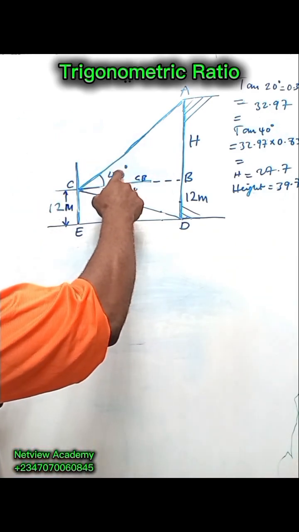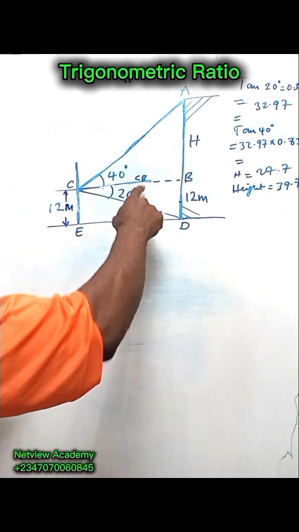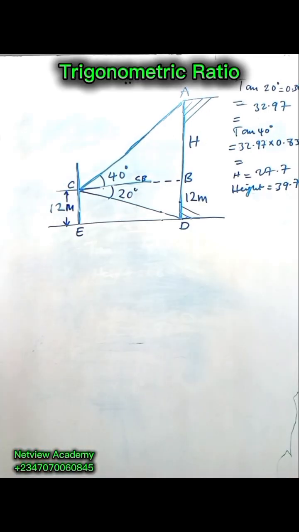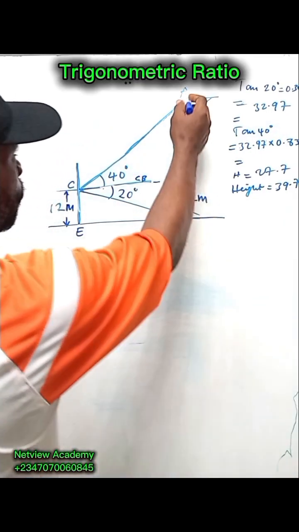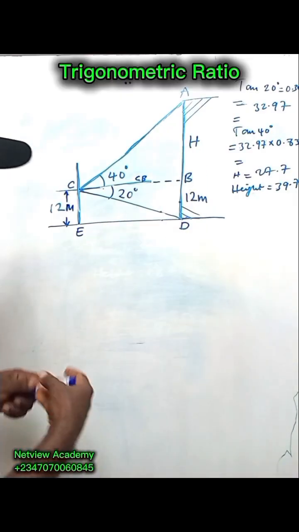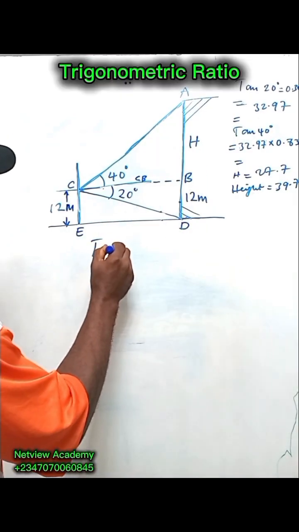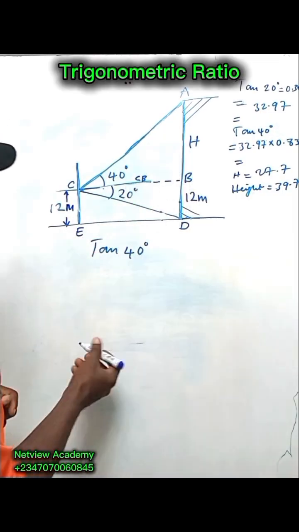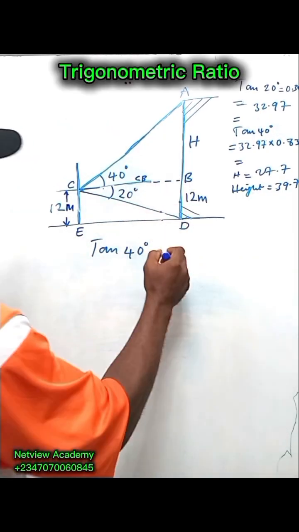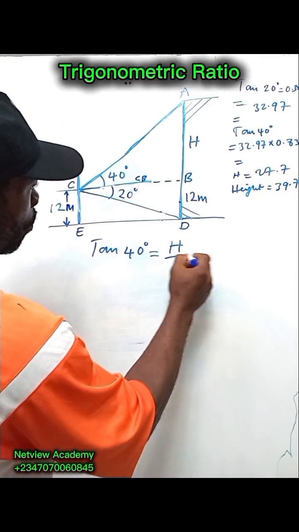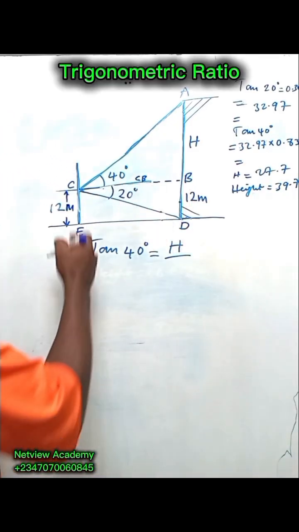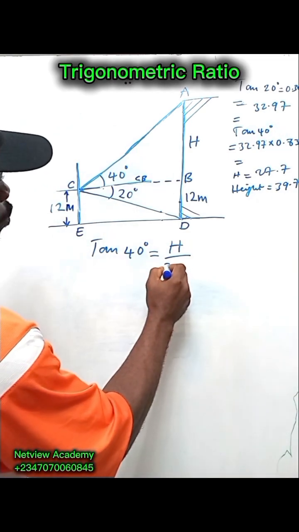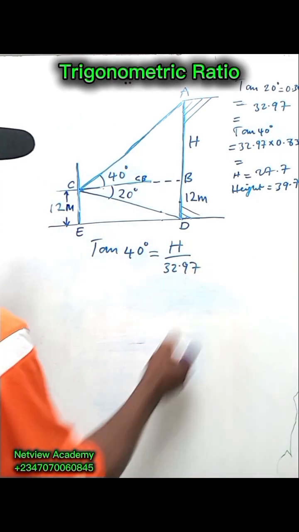Tan 40 degrees is opposite over adjacent, which is H over the length of CB, which is 32.97.